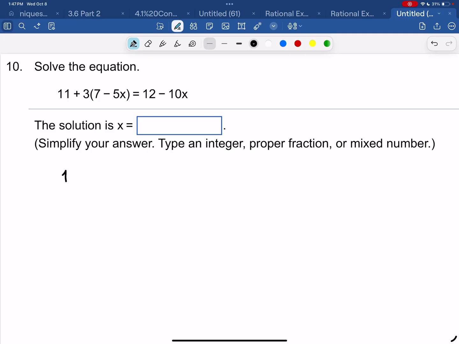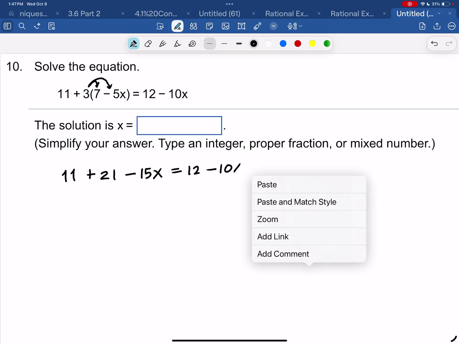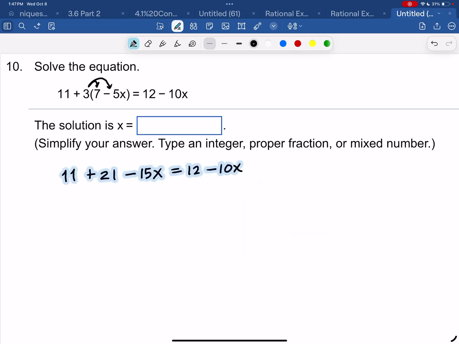So 11 plus 21 minus 15x, so I'm going 3 times 7, 3 times negative 5x, equals 12 minus 10x. So I do have some like terms over here.